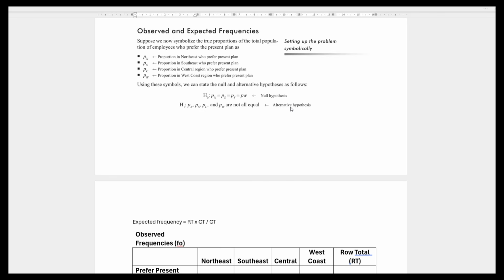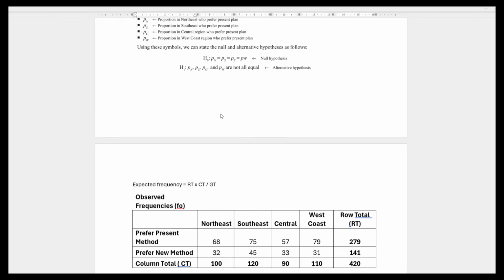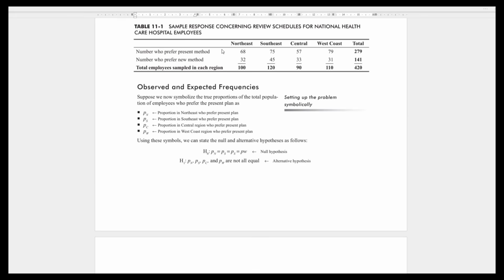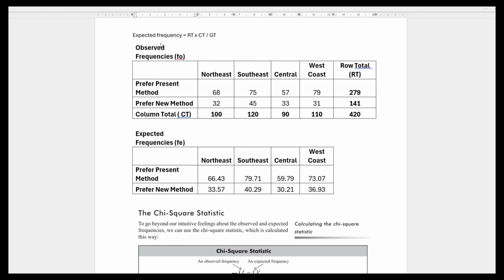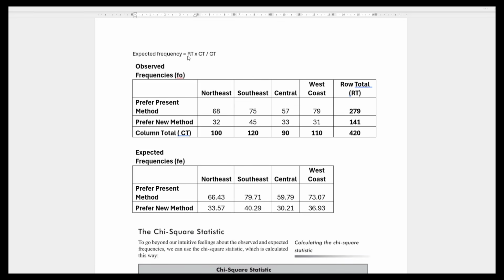For this we are going to use observed and expected frequencies. What we have got here are the observed frequencies. How to calculate the expected frequency: expected frequency FE is row total times column total divided by grand total. For a particular cell, we take its row total into its column total divided by the grand total.